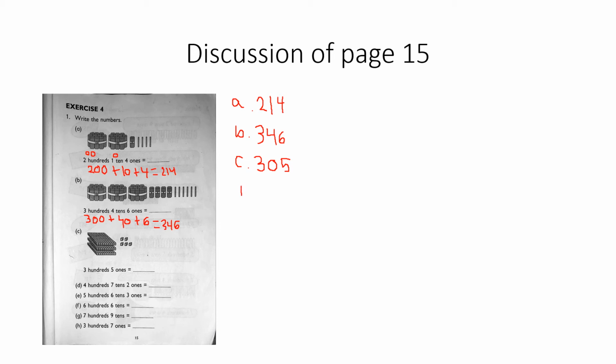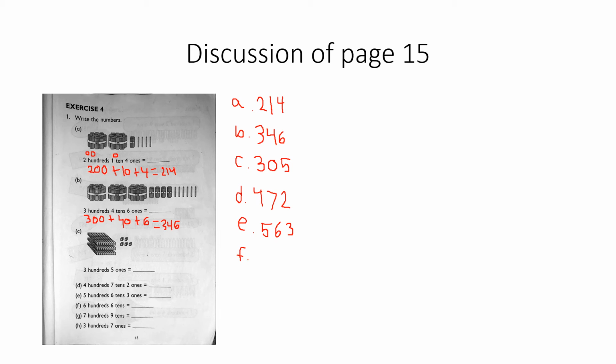Let's do letter D. Letter D says 400s, 7 tens, and 2 ones, for a total of 472. Letter E, 500s, 6 tens, 3 ones. That's 563.